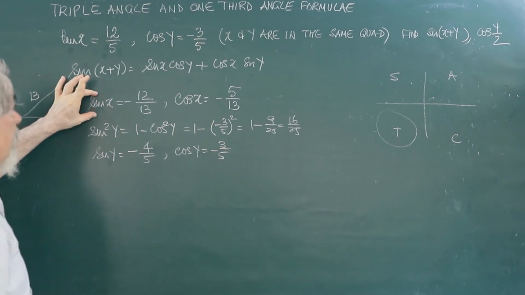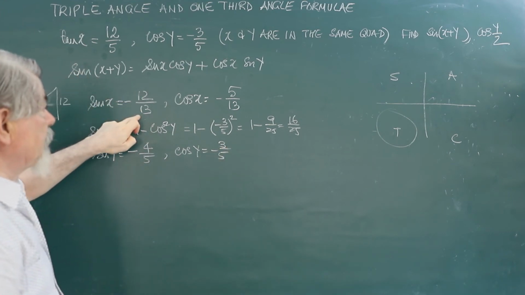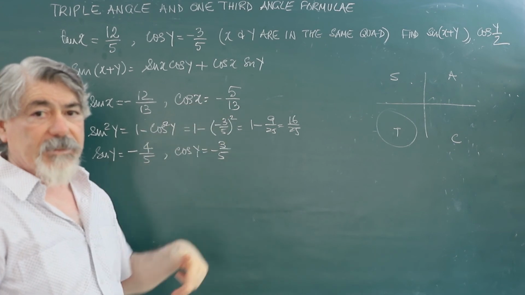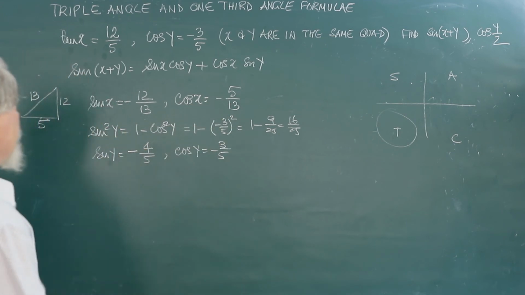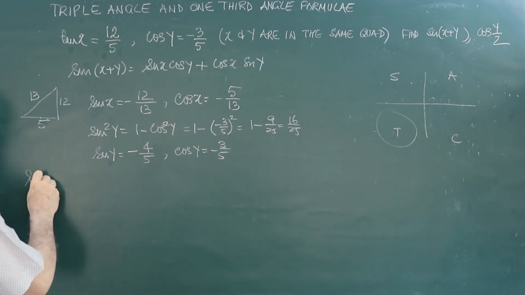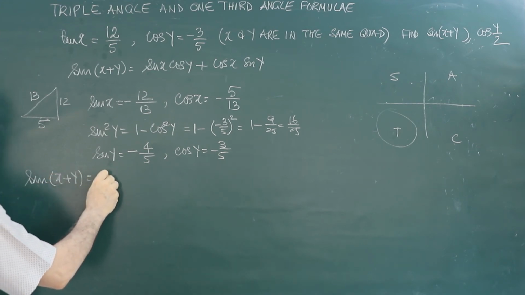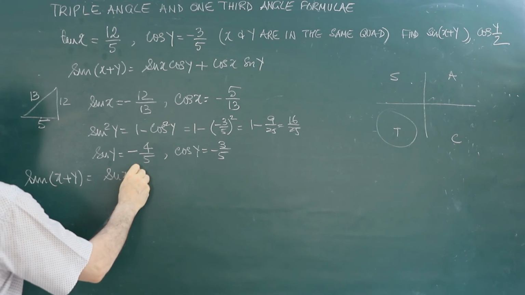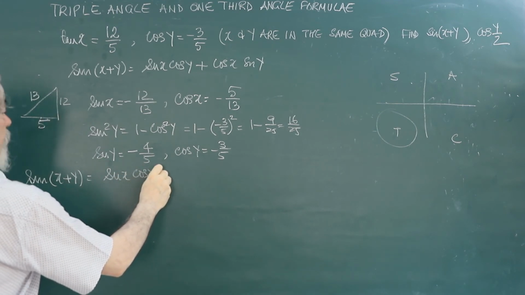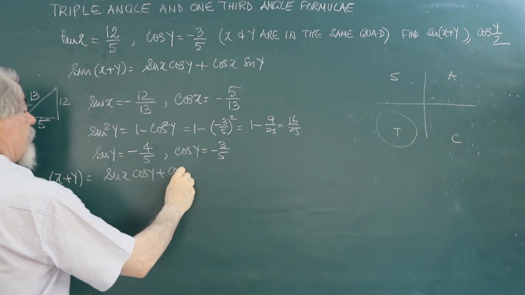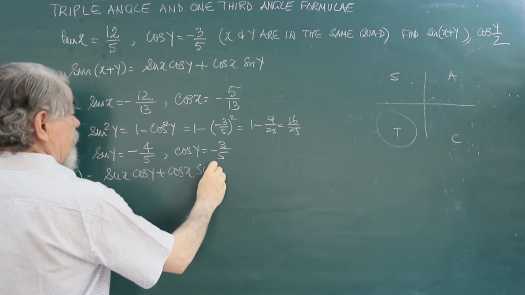Already we have calculated sin X as minus 12 upon 13 and cos X as minus 5 upon 13. Now simply I have to calculate sin X plus Y, which means sin X cos Y plus cos X sin Y.